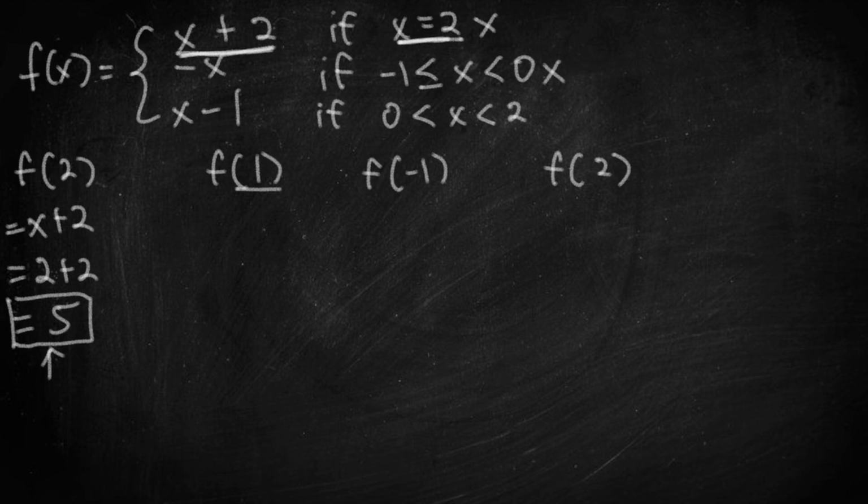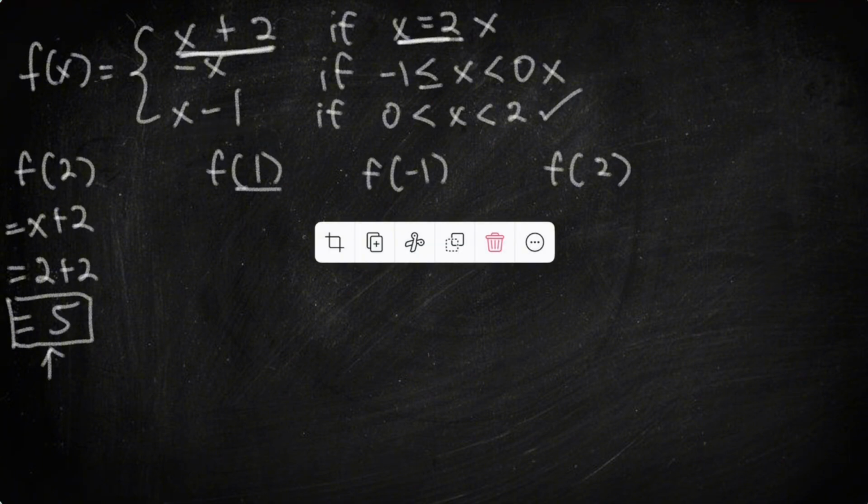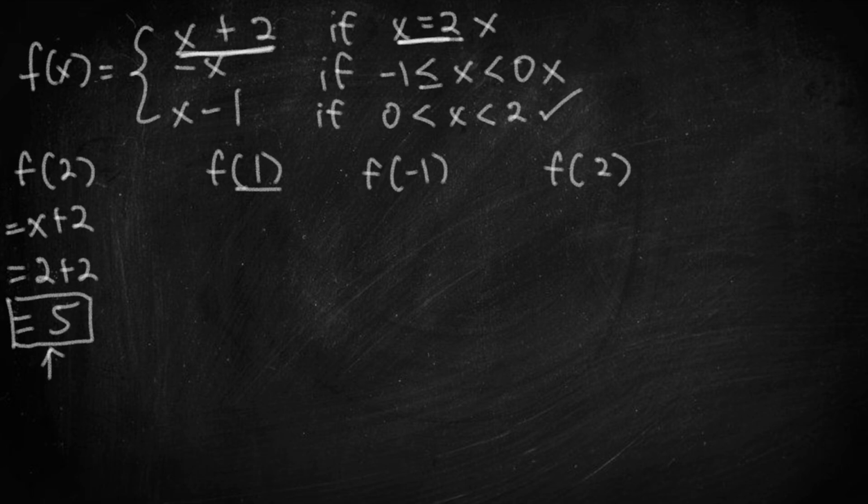So that leaves us with this. 1 is less than 2, but it's also greater than 0. So we know for a fact that we will be using this formula for this value of x. So just copy x minus 1, substitute again, 1 minus 1, and that brings us to 0.